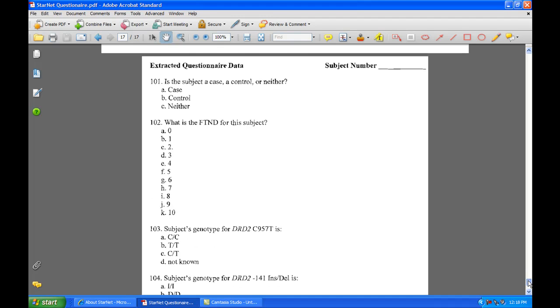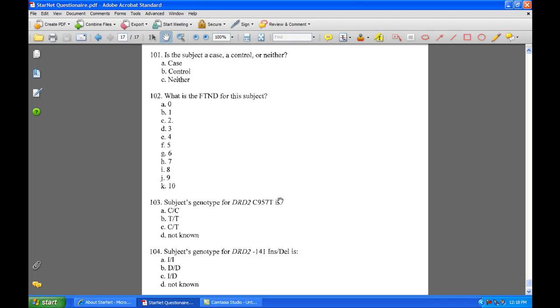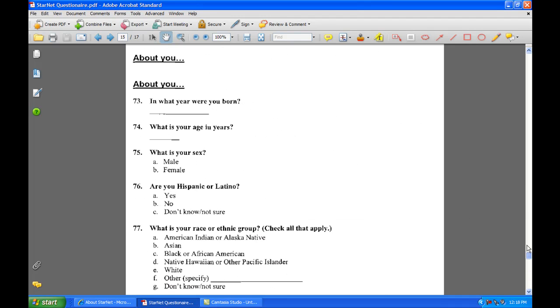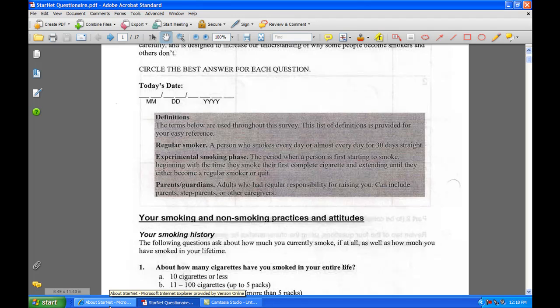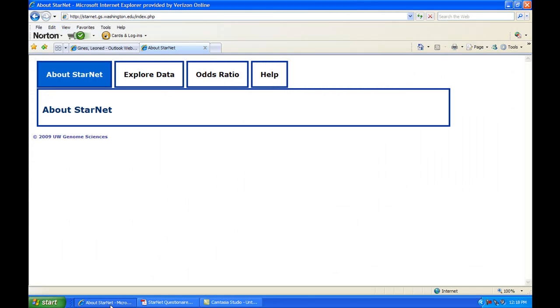Basically what these questions ask is whether each participant is homozygous or heterozygous for each one of these loci. So if you have this questionnaire handy, then you'll be able to make sense of the database.